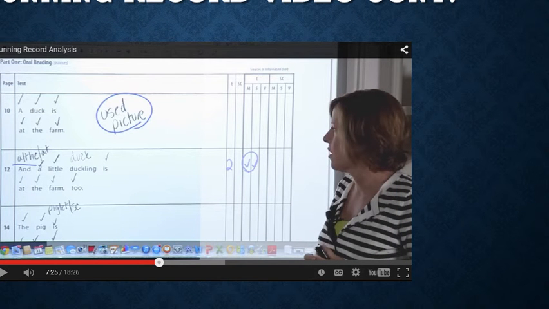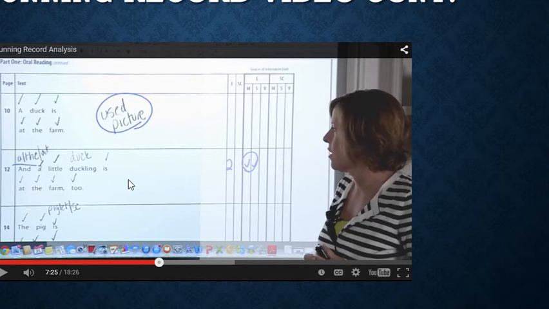So the running record assessment is good for going back and looking at this detailed sheet. Like she said, we can see that the child substituted "a," "the," "at," and did not self-correct. They were probably just guessing because it was the beginning of the sentence.